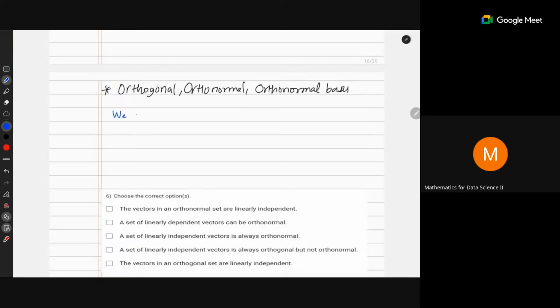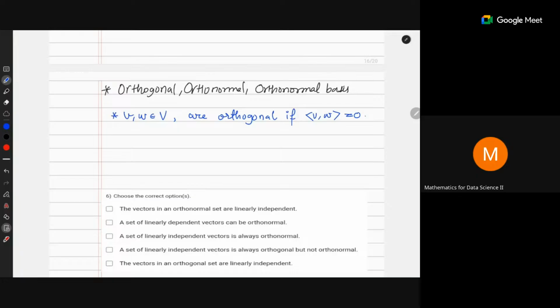So we say V and W in an inner product space V with inner product are orthogonal if their inner product is 0.